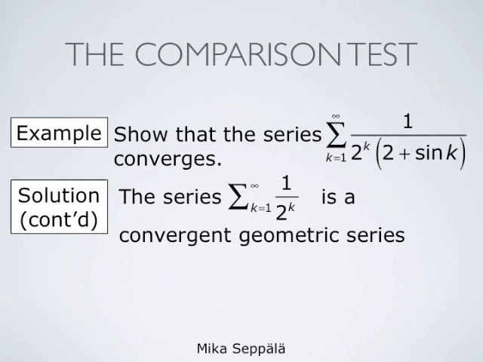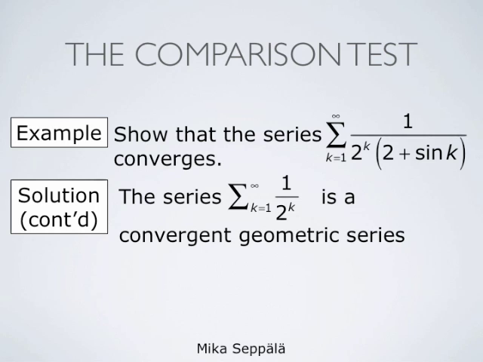Next we observe that the series sum k from 1 to infinity of 1 divided by 2 to the power k is a geometric series whose first term is 1/2 and whose ratio of terms is also 1/2. This is a convergent geometric series.